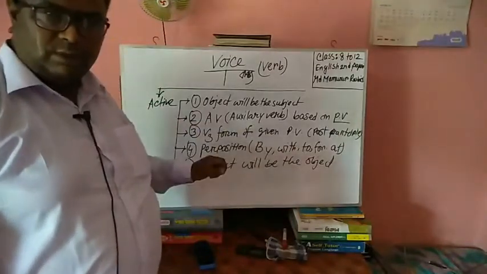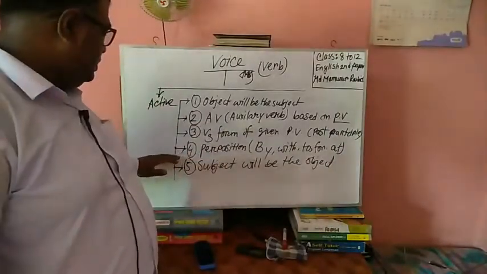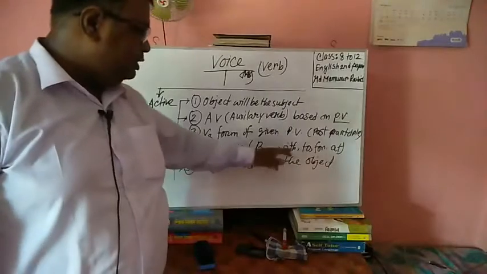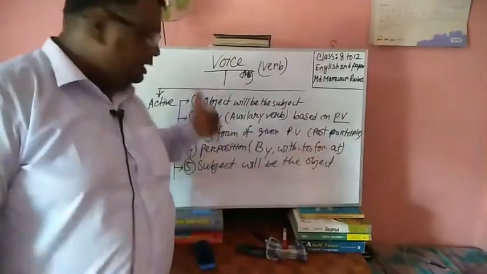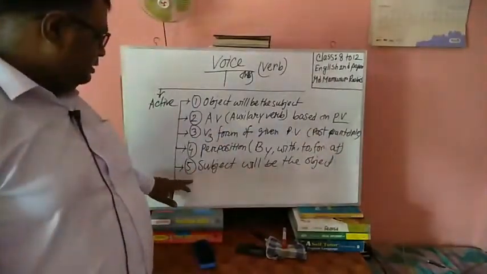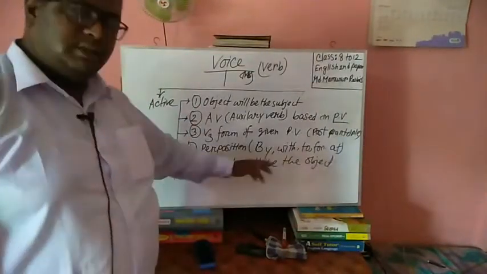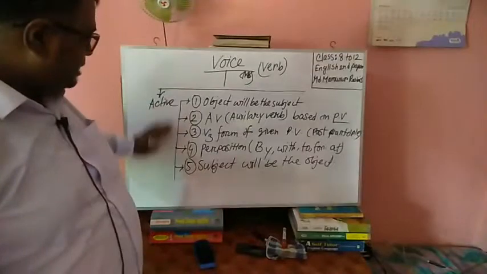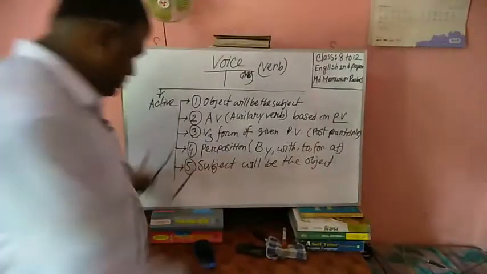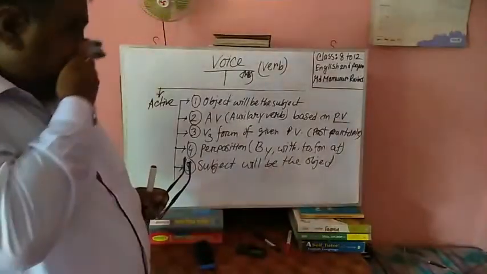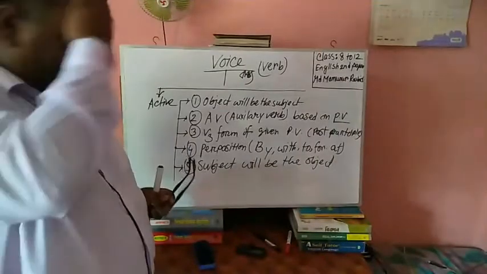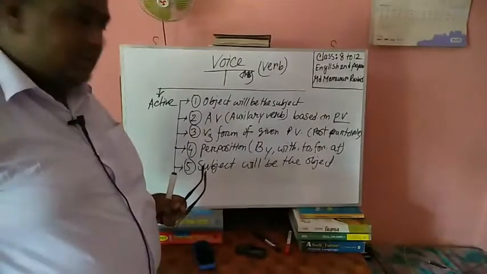The fourth one is preposition: by, with, to, for, at. And the last one is subject will be the object. So if we do these five steps one by one, then it will be a meaningful passive sentence.